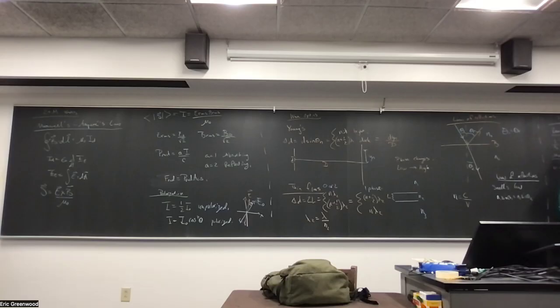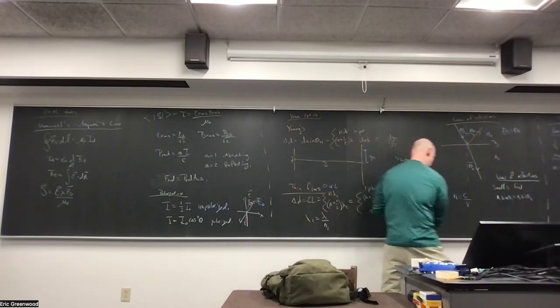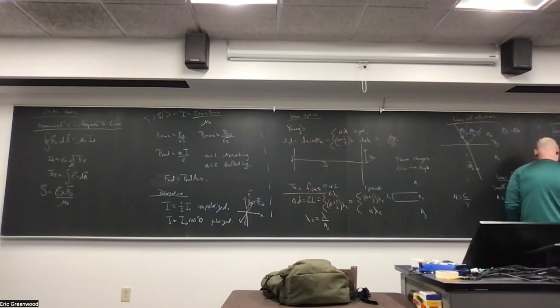Sign convention number 3 is that the image distance is positive if on the side light is going to, negative otherwise. And then finally, number 4, magnification is positive if it's upright, negative if it's inverted.